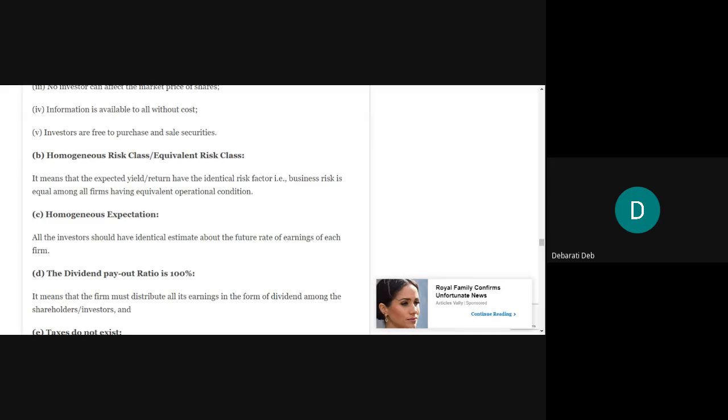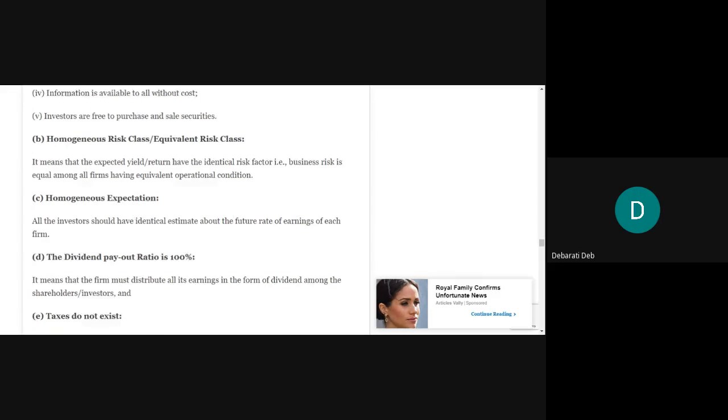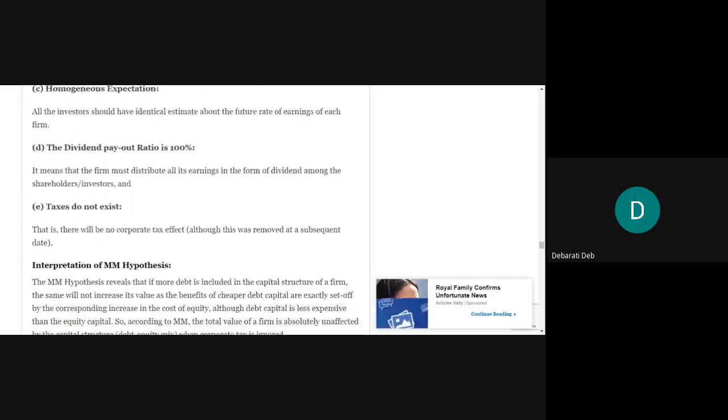They perceive things based on their own analytical skills. So it may not be true all the time. It says there is homogeneous expectation of all the investors. They should have identical expectation about the future rate of earnings for each of the firms. It cannot be true always.